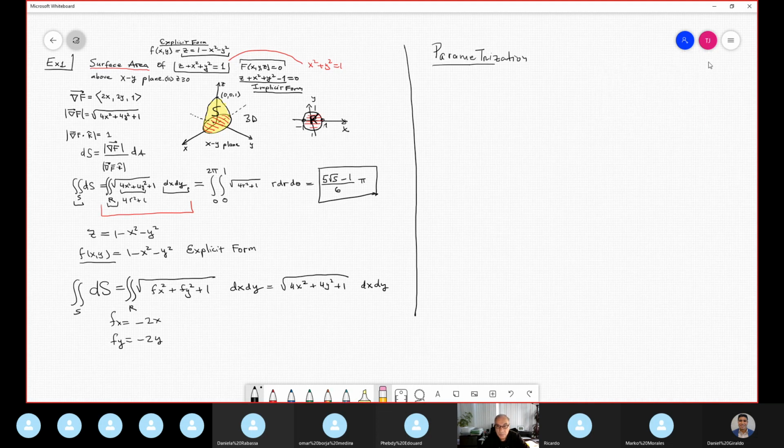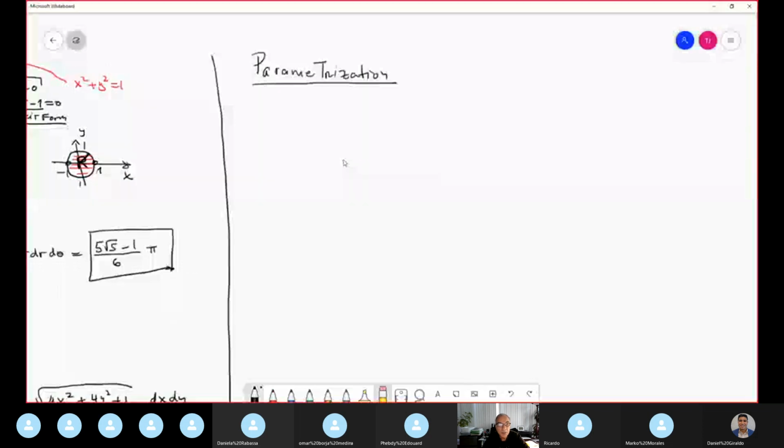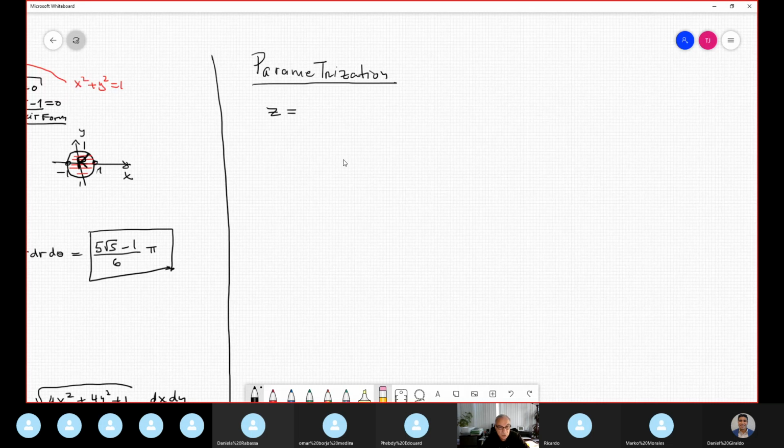Parametrization now. My goal in the parametrization is, look, I copy again the surface equation. We always start from the surface equation: 1 minus x squared minus y squared. So that part looks familiar. X squared plus y squared is a circle.